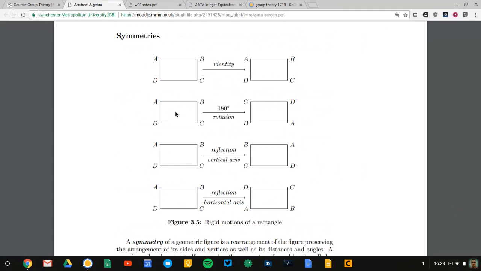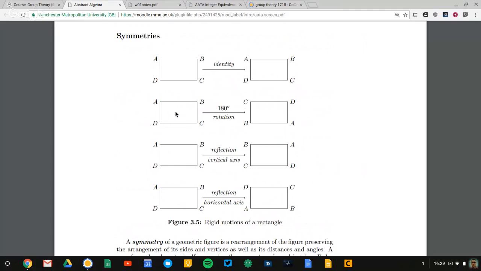If you then get two reflections, so there's reflection in the vertical axis. The reflection in the vertical axis sends the vertices to B, A, C, D. Let's call that V. And reflection in the horizontal axis, which we'll call H, sends them to A, D. These are all symmetries of the rectangle.